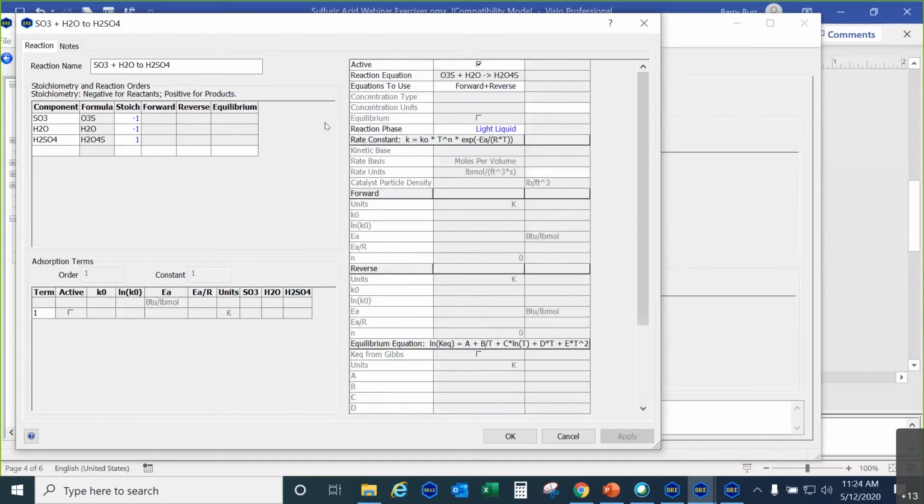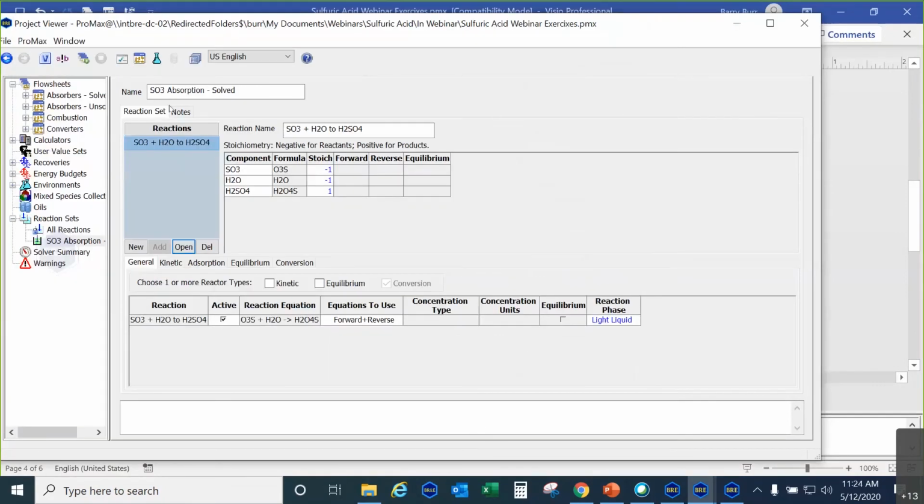So when this reacts, all of the SO3 will convert to form sulfuric acid. That's this reaction that sits inside of this reaction set.